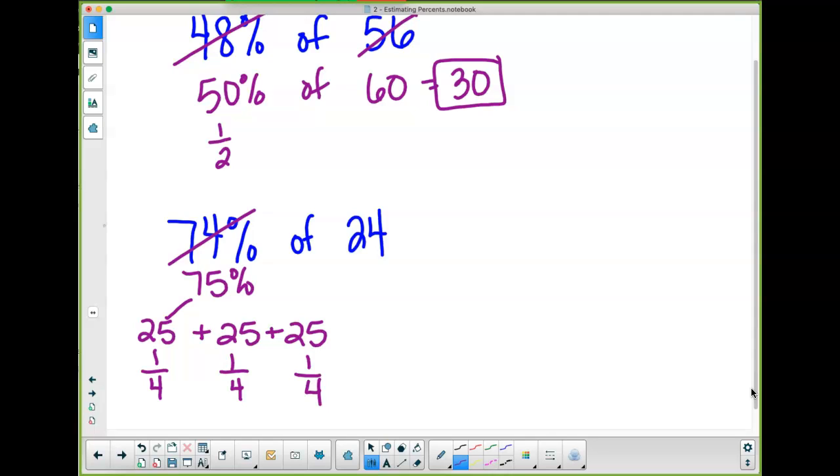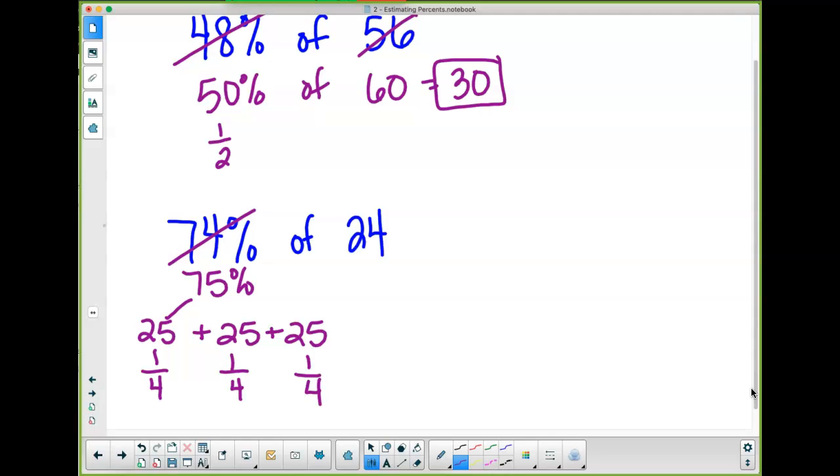Can we find a fourth of 24? Or what's 24 divided by 4? Nobody knows 24 divided by 4? Are we all really sleeping yet? I'm worried. Really worried, you guys. 24 divided by 4. 4 times what is 24? Cassidy? 6.